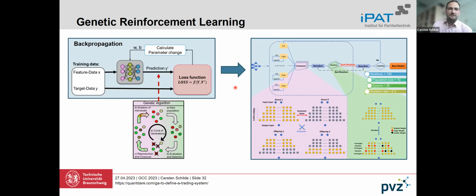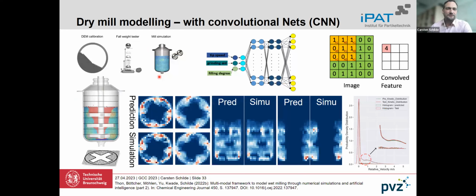Then we divide it into different voxels, 30,000 voxels, and then we train a machine learning model. And to get a better model out of it, we put this genetic algorithm within the training of our artificial neural network, and then the results were much better.